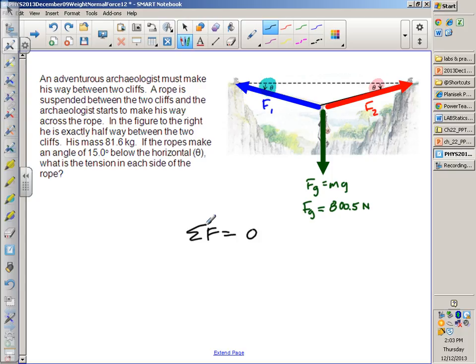And therefore, the net force equals 0. And so, F of G plus F1 plus F2 all together have to equal 0. That's what net force equals 0 is telling us.